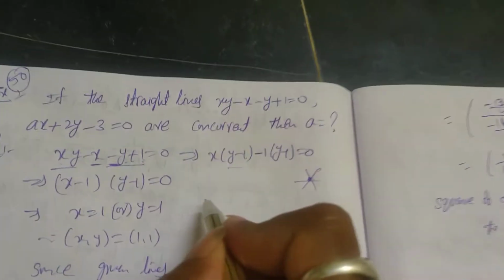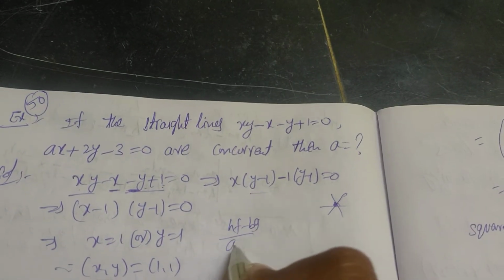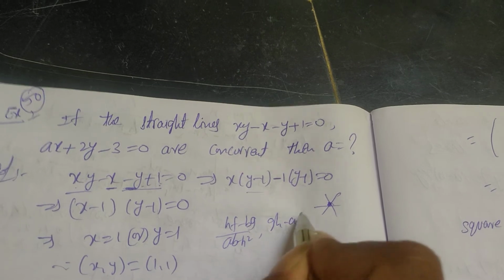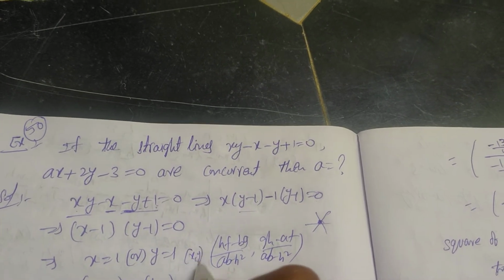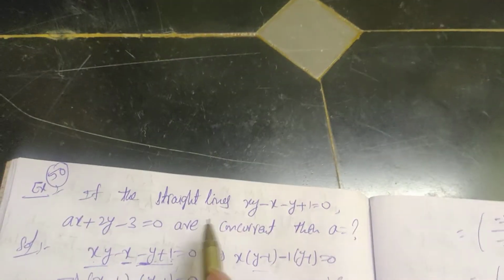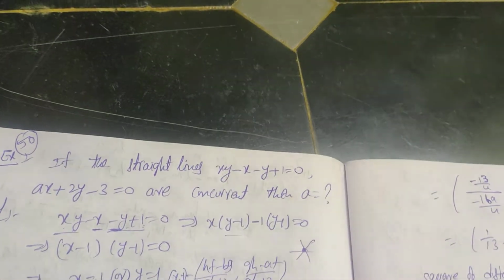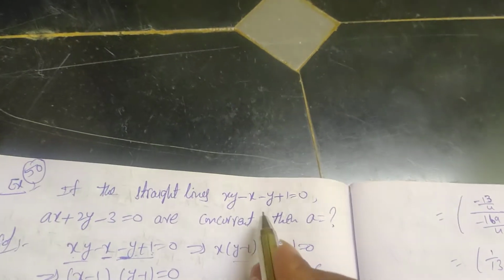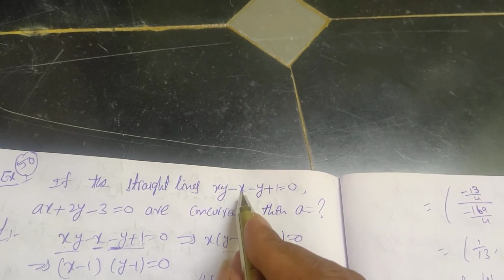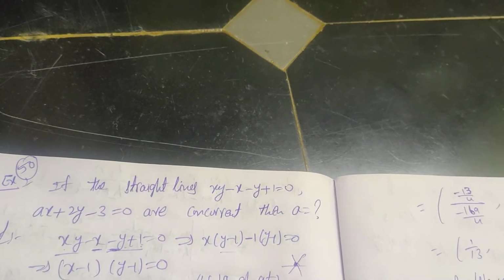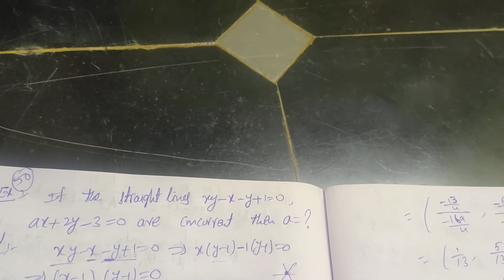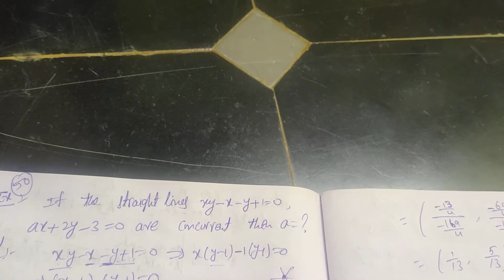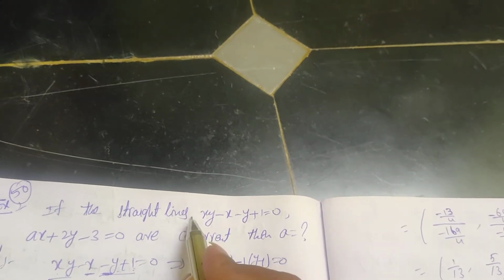If you want to use the formula (hf - bg)/(ab - h²), (gh - af)/(ab - h²) for x comma y: here h is 1/2, f is -1/2, b is 0, a is 0, because in ax² + by², a and b are zeros.